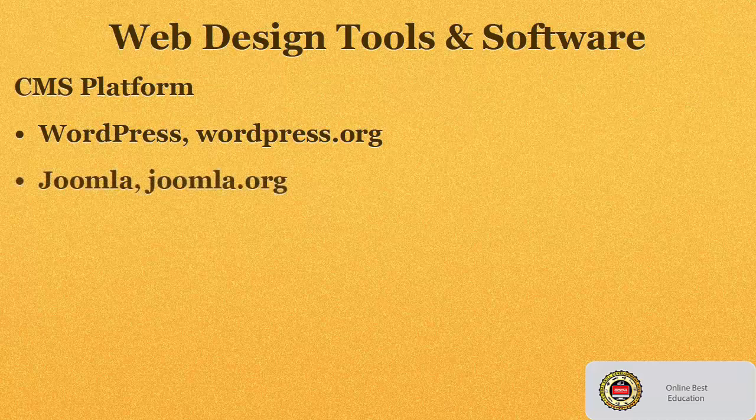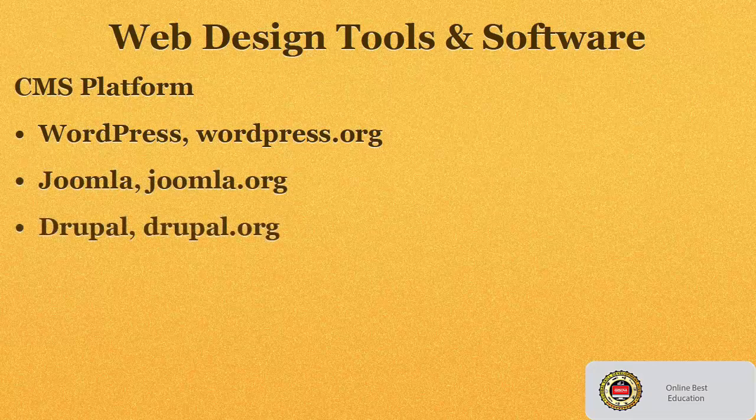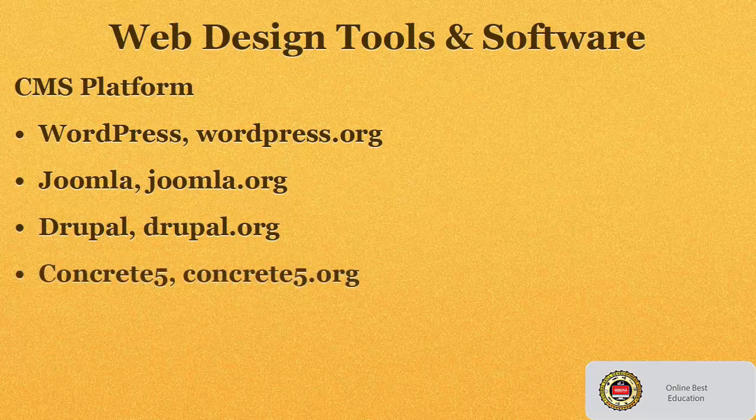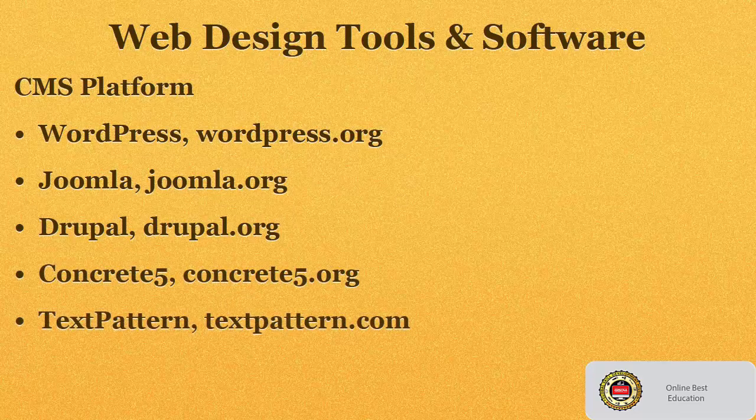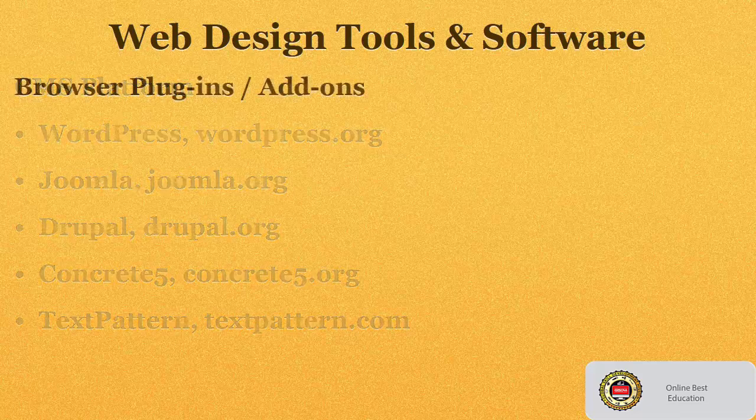But there's many others. There's Joomla, which you can check out at joomla.org. There's Drupal. These two are also very popular, by the way, Joomla and Drupal. And Drupal, of course, you can check out over at drupal.org. There's another one called Concrete 5, which you can check out. And there's also Text Pattern, available over at textpattern.com. Okay? All right.